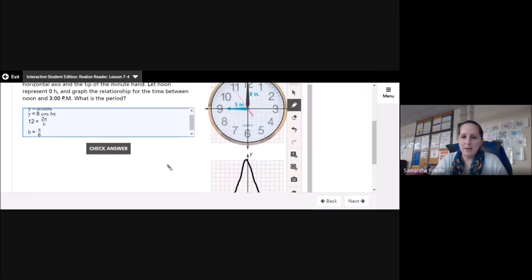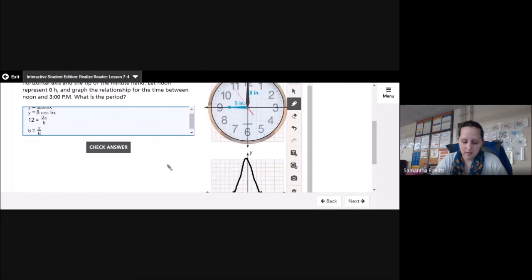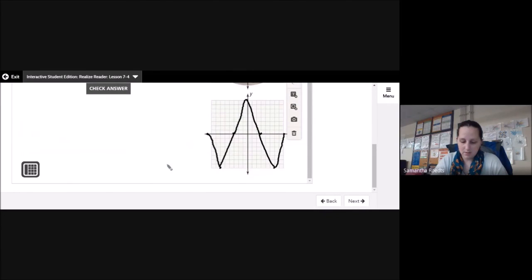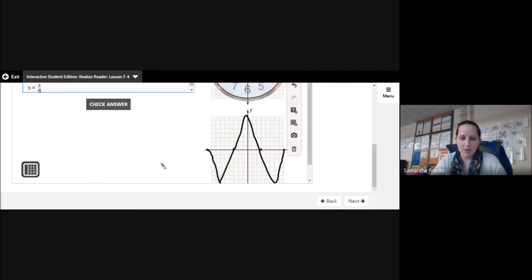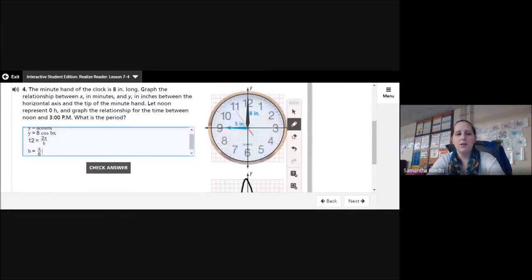And we're doing this in minutes instead of hours, technically. So this would be 30 minutes. This would be 45 minutes. So it would be back up again at the hour mark, or 60 minutes. So the period is 60.